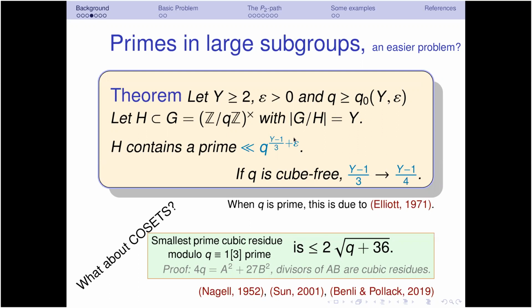Now, one of the problems that I find really puzzling is how can we find a prime in a subgroup of index 8, which is less than Q to the 3/2. Take Z/QZ, take a subgroup of index 8 of Z/QZ, and you want to find a prime in this subgroup, and you want it to be less than Q squared, and I don't know how to do that.